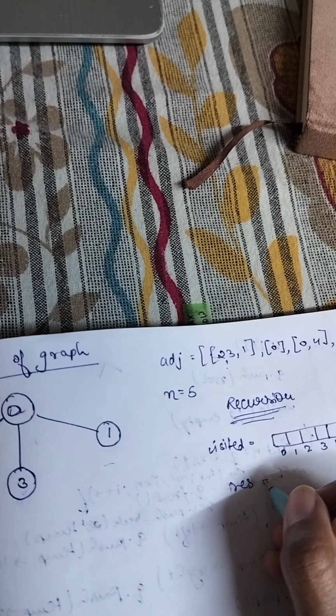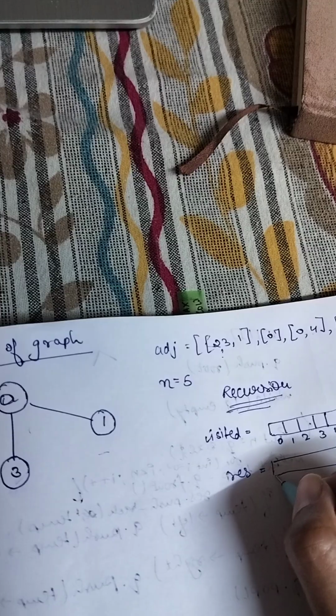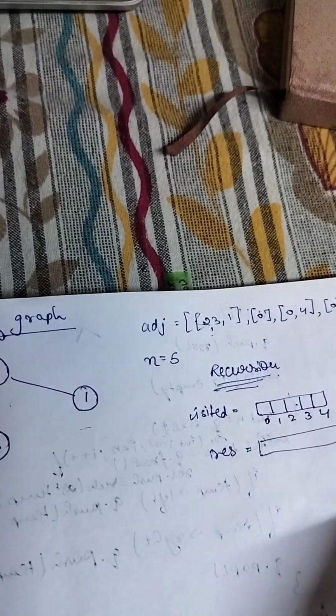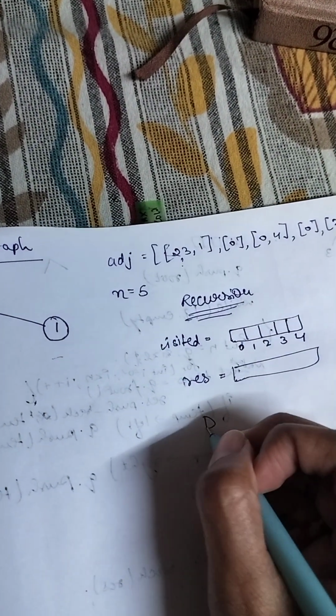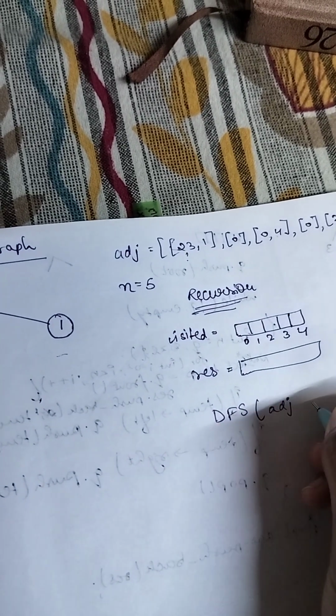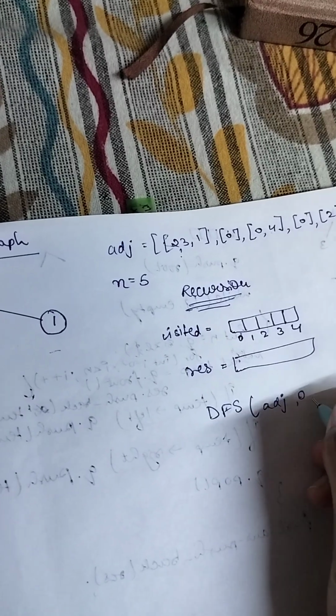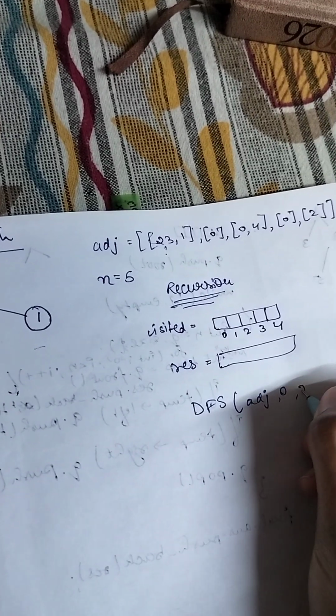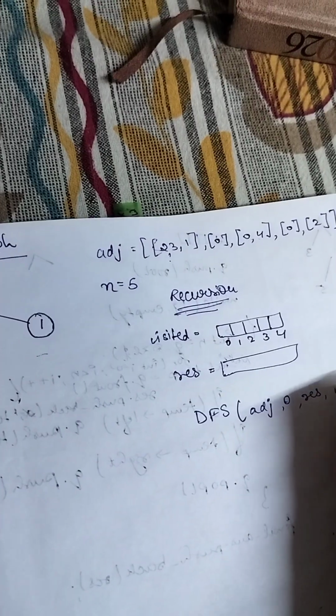Okay, this is going to be an array list. We'll keep on filling the numbers there. I will make a function DFS here, in which I will pass my adjacency list, my index, my res array list, and my boolean visited.